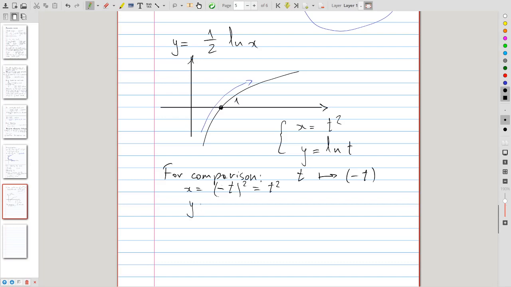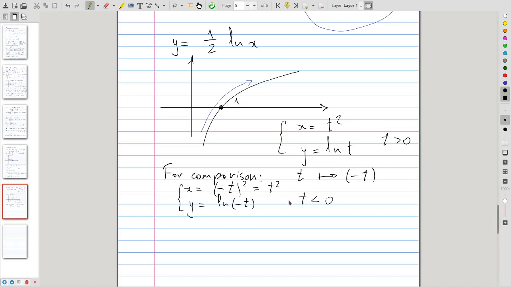And here we have log of minus t. And so if in the original equation we had t bigger than 0, now we will have t less than 0. Like so.